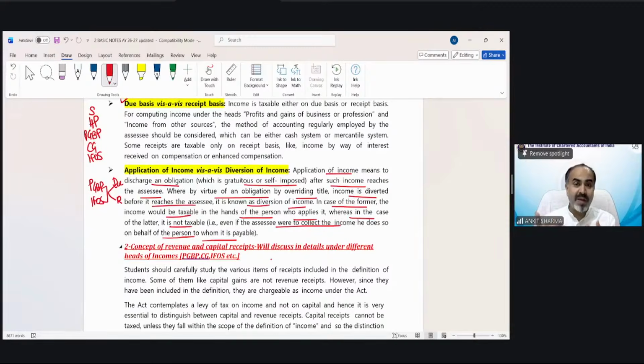Or maybe you are applying an auto pay in your bank account, so that 1 lakh rupees is automatically transferred to the charitable organization as soon as your salary is credited into your bank account. Still, it will be treated as the application of income, and in that situation, your salary is going to be taxed at the full 10 lakh rupees. But in case of diversion of income, it is not so.